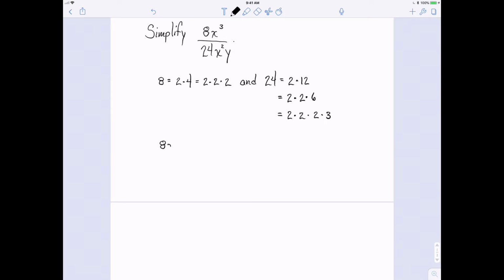So 8x cubed over 24x squared y is the same as, I'm going to write the factored form of 8, so that's 2 times 2 times 2, and x cubed is x times x times x. 24 we just said is 2 times 2 times 2 times 3, and x squared is x times x, times y.